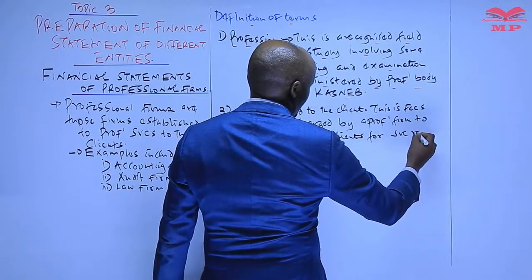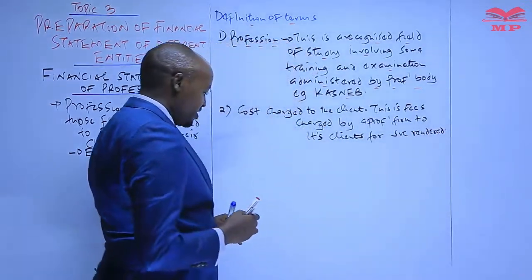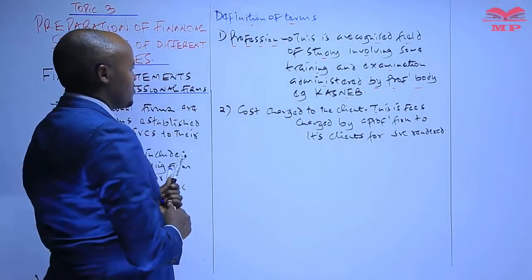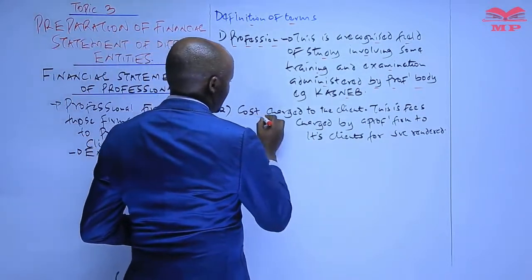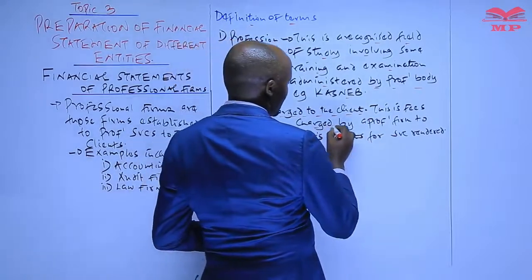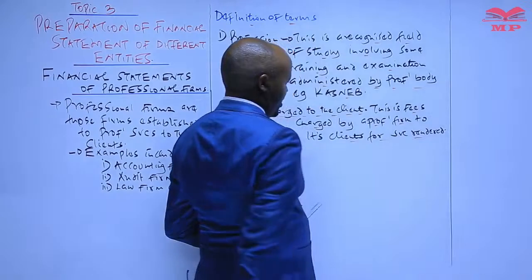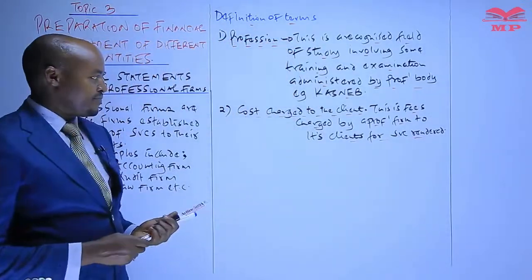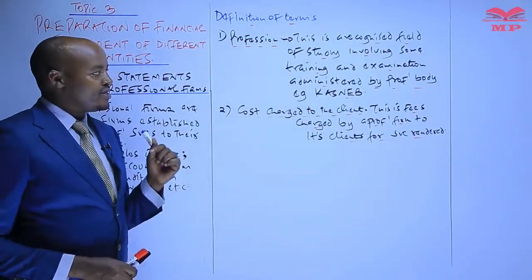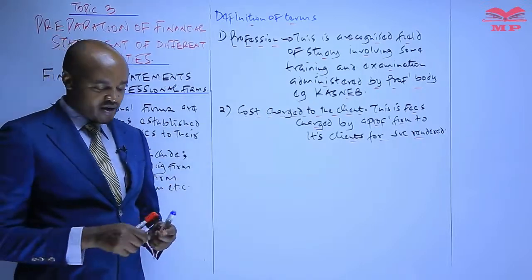Anytime a professional firm provides certain services to the client, automatically that client will be charged a fee. And actually, this fee which is charged by a professional firm is the main source of income as far as these firms are concerned.